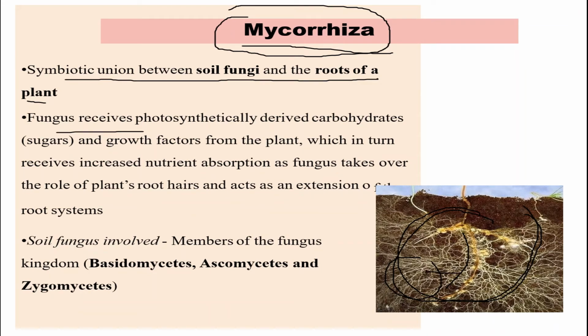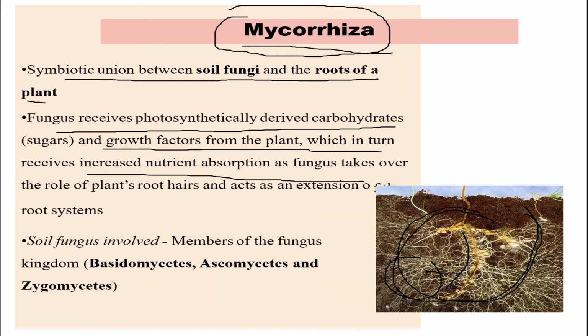Also, the fungus receives photosynthetically derived carbohydrates and growth factors from the plant, which in turn receives increased nutrient absorption as the fungus takes over the roles of the plant's root hair and acts as an extension of the root system. So the soil around the roots of the plant contains fungi, and these fungi receive all of the carbohydrates and nutrients from the roots of the plants.